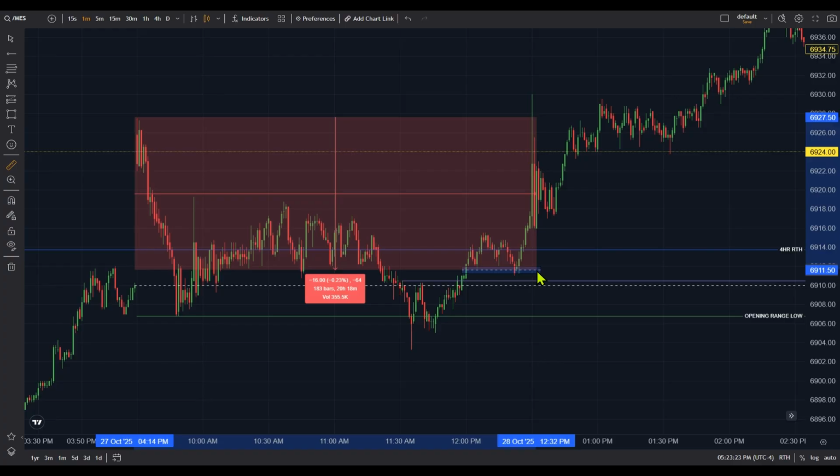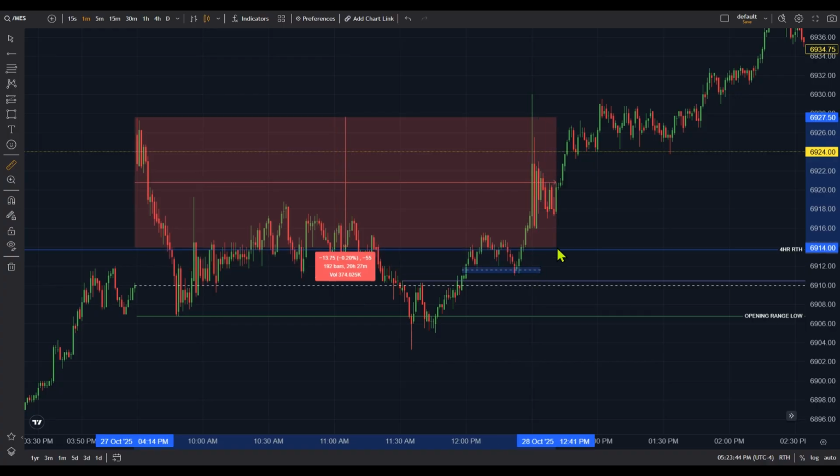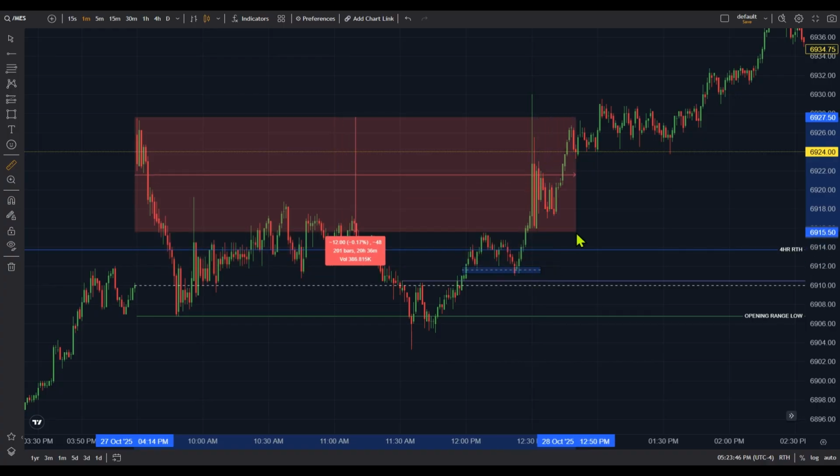That's $48 on one micro. And I usually do, if I do one NQ, I do 2 of these or sometimes 3 of these, and it'll be about the same. So 3 of them would have been $150. Not bad if you took your profit at the high of the day.